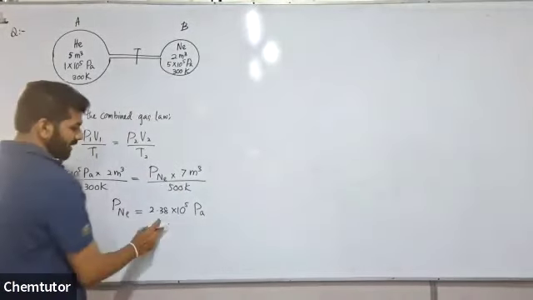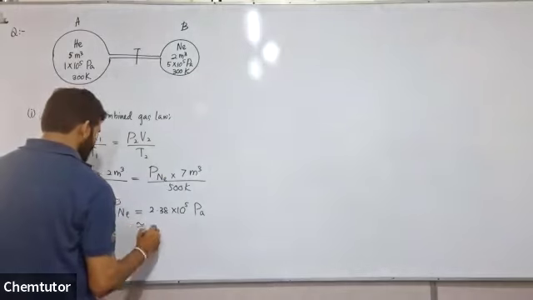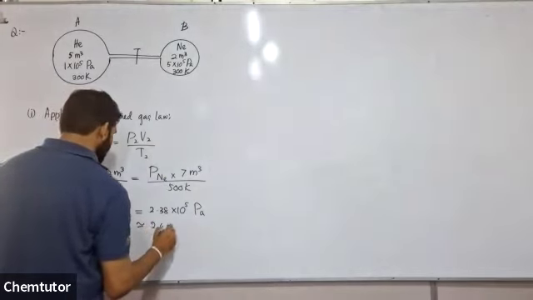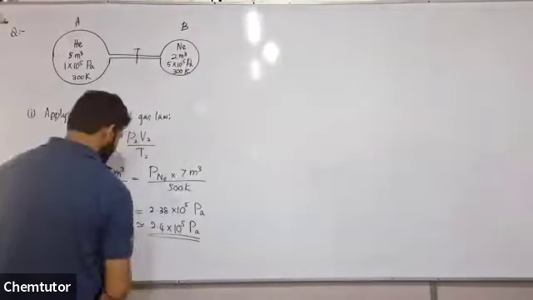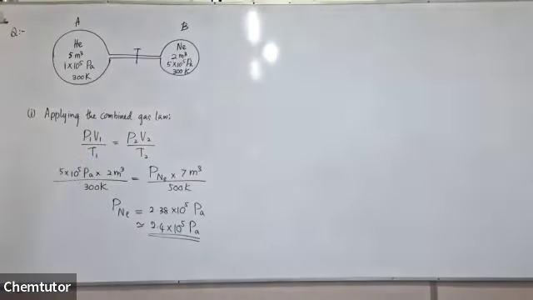So this is approximately, we can take it as 2.4 into 10 to the power 5. So that is the partial pressure of neon inside the vessel.